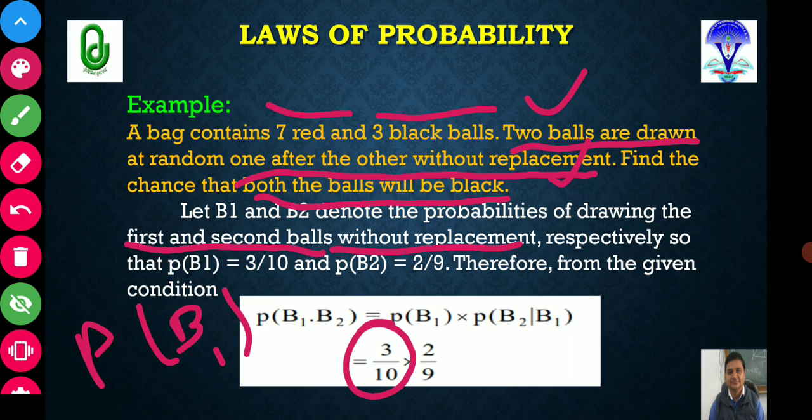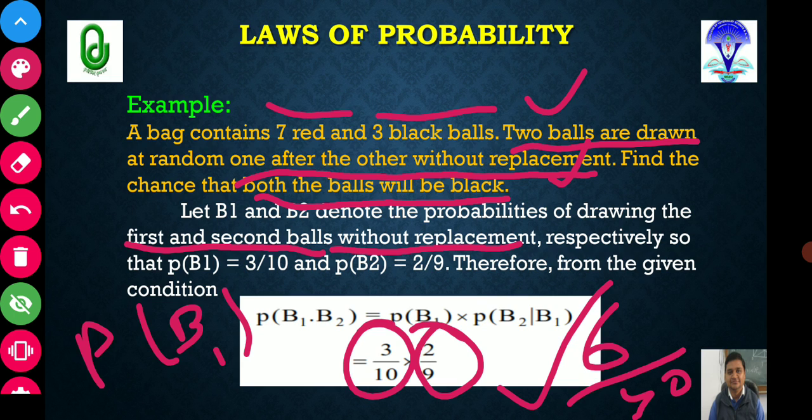So the probability of again drawing a black ball will be 2 by 9. The probability of joint occurrence, P(B1 and B2), will be 3 by 10 into 2 by 9, that is 6 by 90, which is 1 by 15. This is how we find the conditional probability.